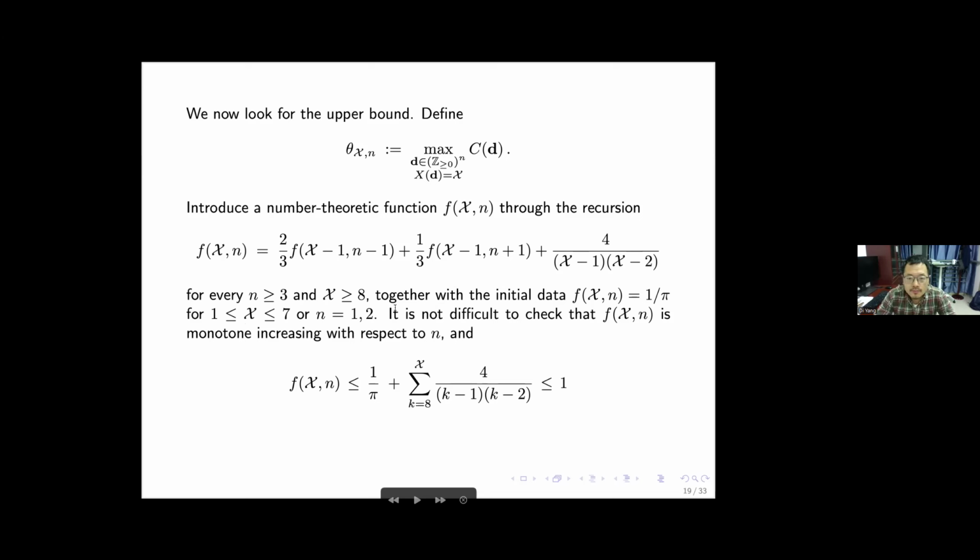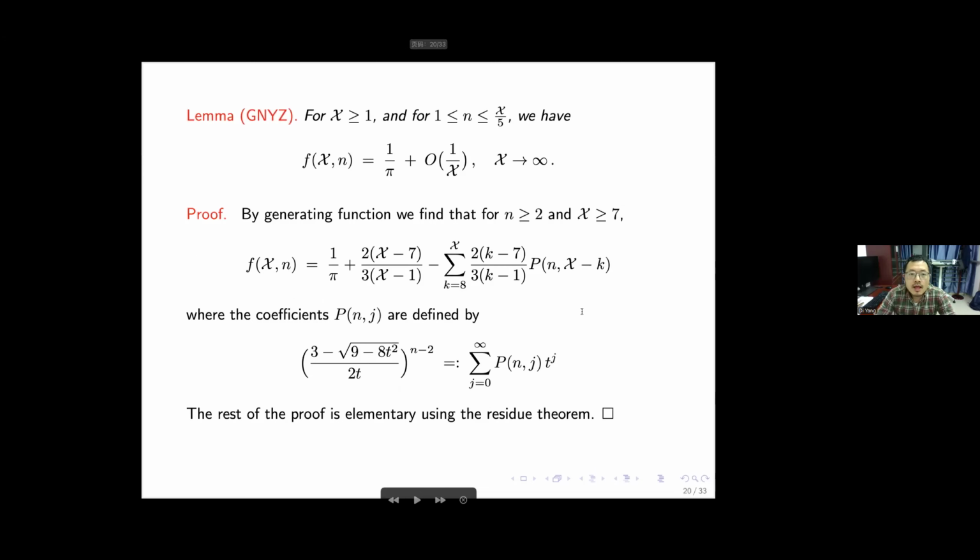And then this is an explicit definition. We can show that this is kind of an elementary function. This function is monotone increasing with respect to n, and we also have an upper bound for this function f. The upper bound is, for example, 1.